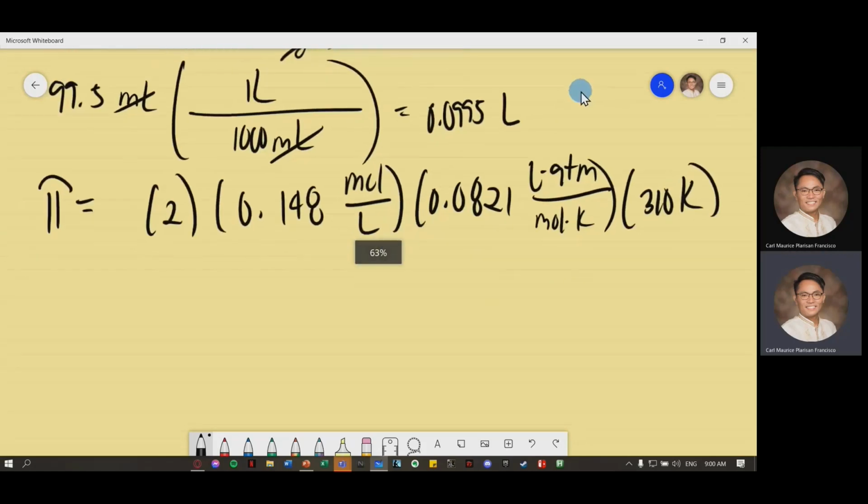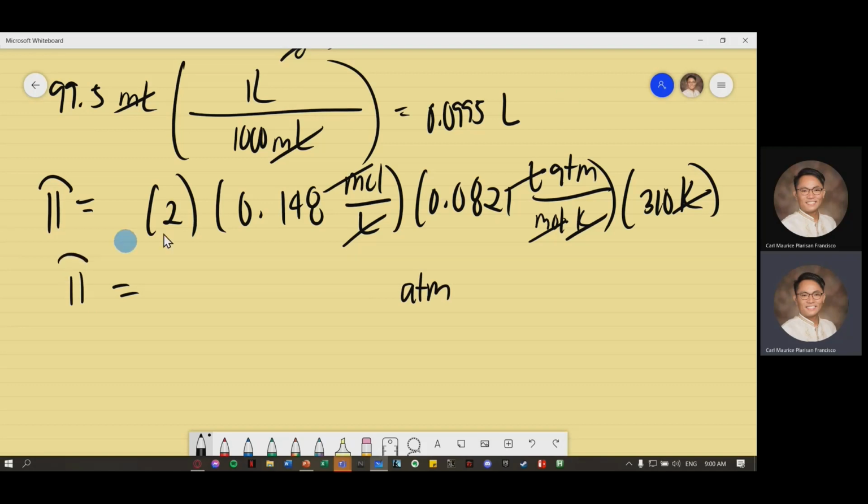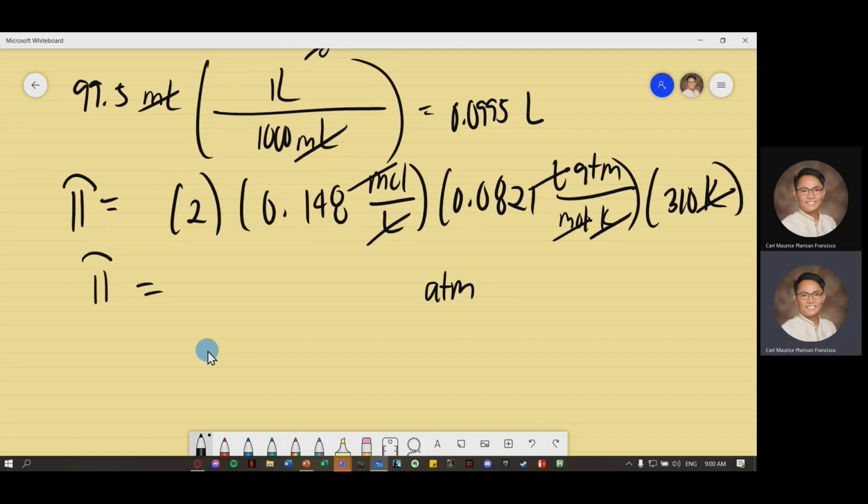Okay, so show the cancellation of units. Liter, mole, Kelvin. What remains is the unit atmosphere, which is very appropriate for osmotic pressure.